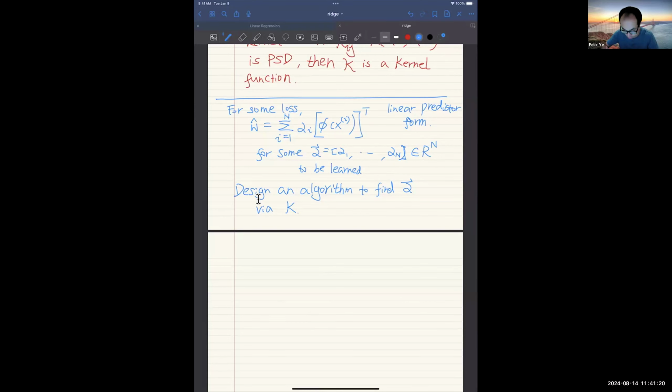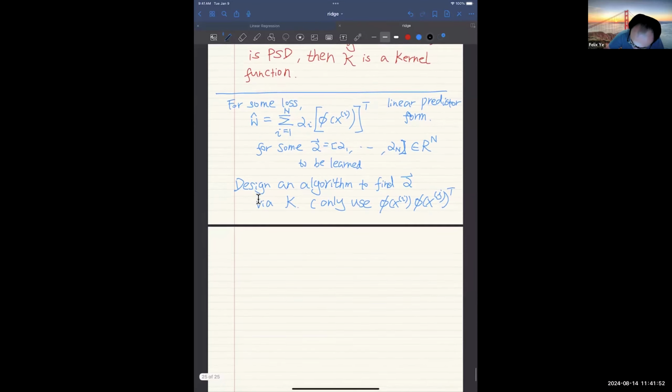That means we only use phi of xi and phi of xj as a whole pair together. We don't use phi of xi separately; they only show up as a pair. So this is how we do the training. This is the training part.